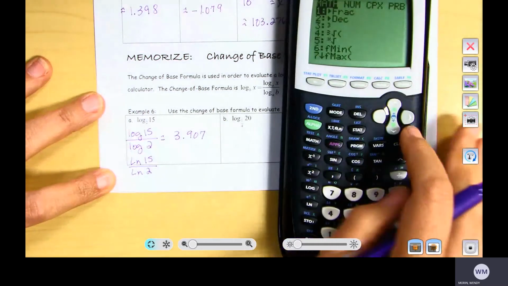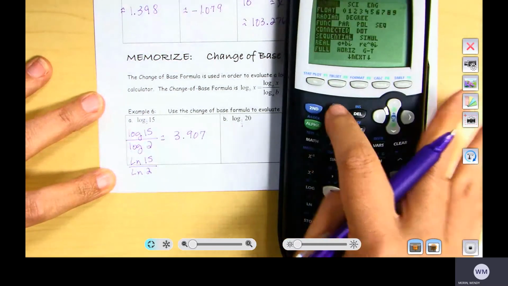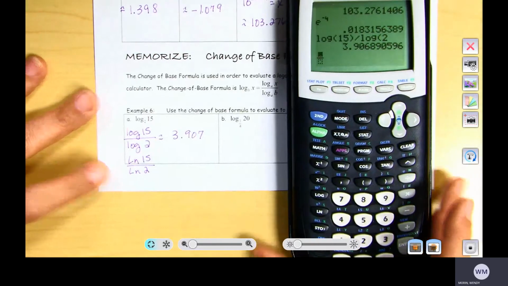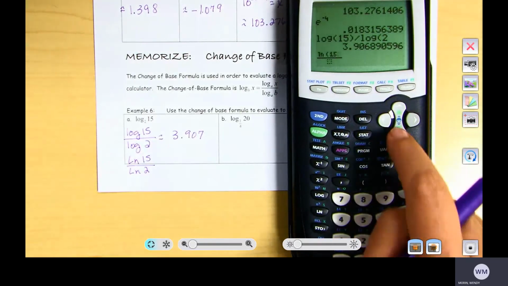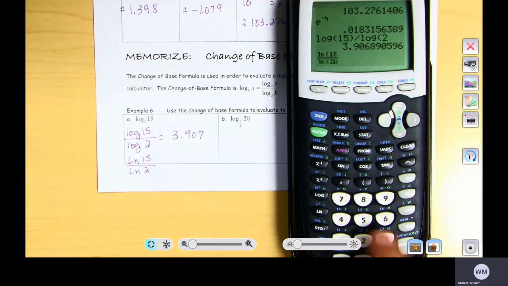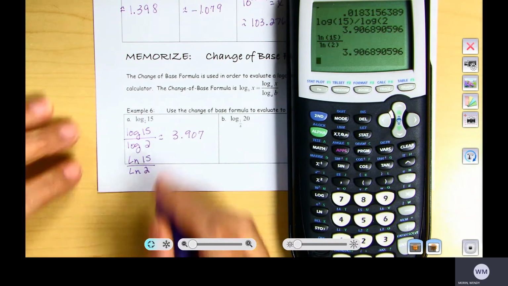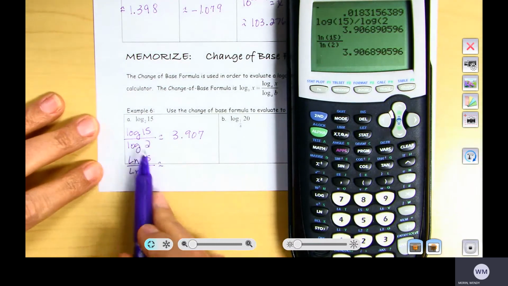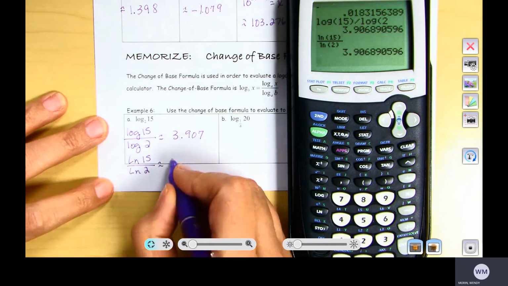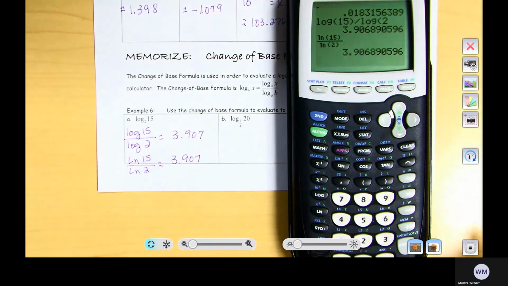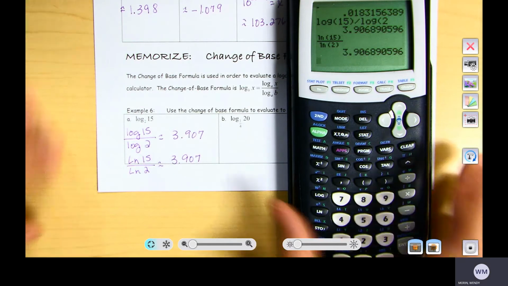I'm going to use my fraction bar for this one. So the natural log of 15 divided by the natural log of 2. I get the same answer. So take your pick. You want to change it to base 10 or you want to change it to base e. Either one is acceptable for your work. Okay? Completely up to you.